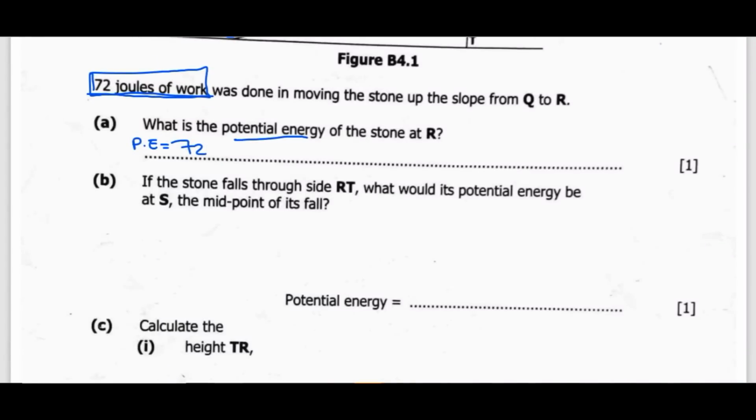How do we find the potential energy? Potential energy is equal to half, because that is the midpoint. So we're going to use half times 72.